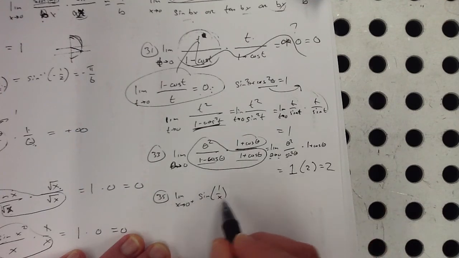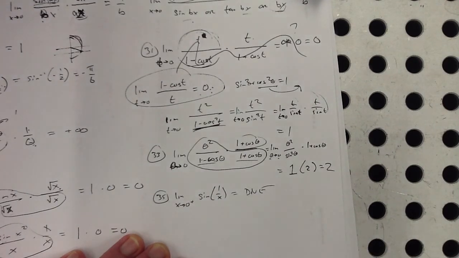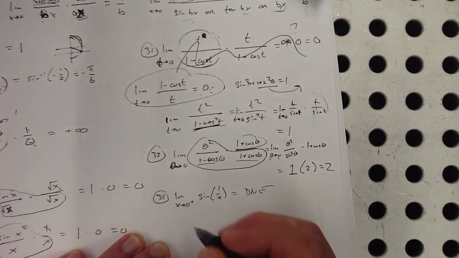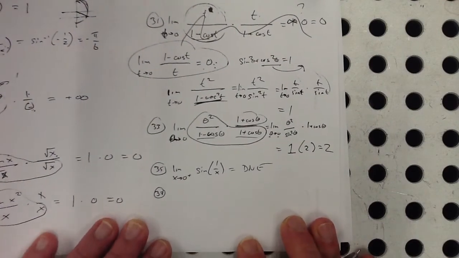It doesn't actually get closer and closer to anything. It's trapped there, but it's not approaching something. So this is solid does not exist. It's bouncing back and forth between 1 and -1, but does not approach either one of those. So you would have to say the limit does not exist.